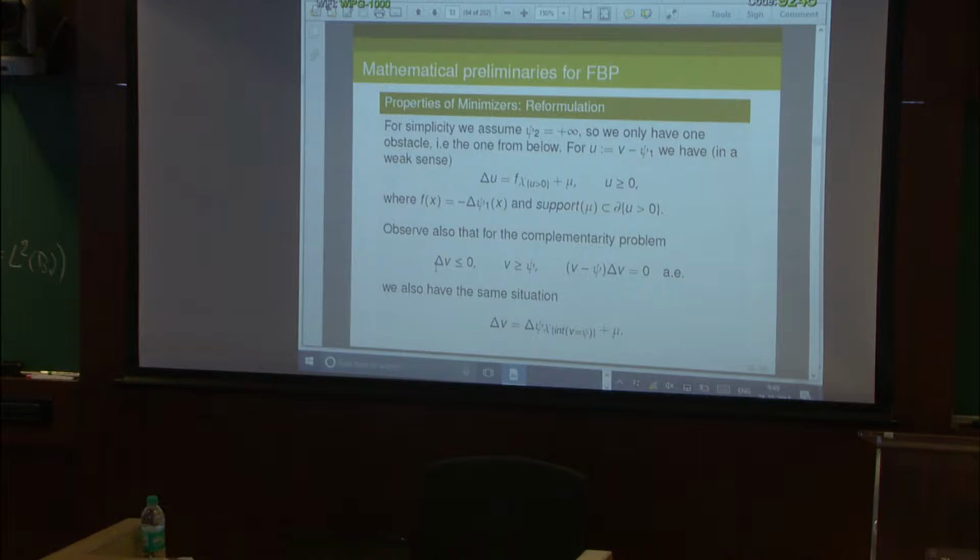You can allow it to be a W2 function. So you allow that the second derivatives of psi be in L2. Then this has a meaning, in the weak sense.